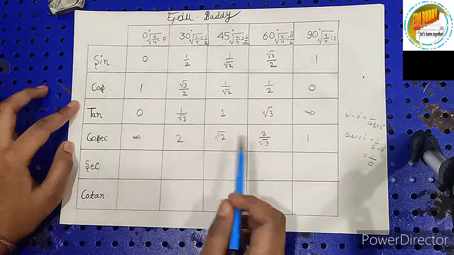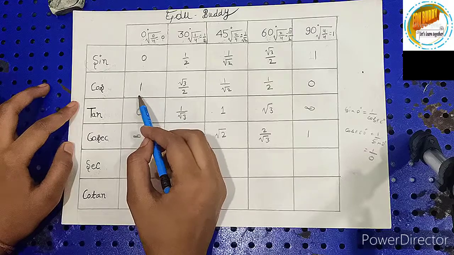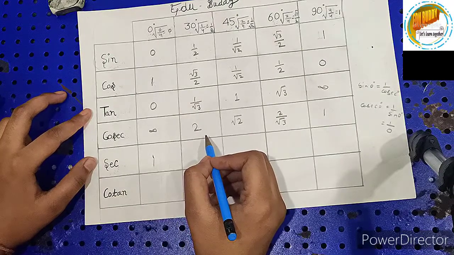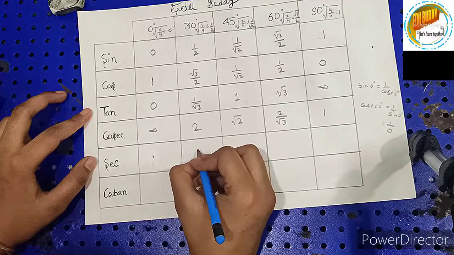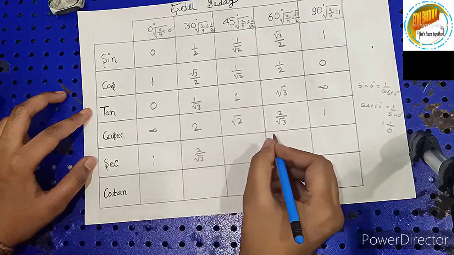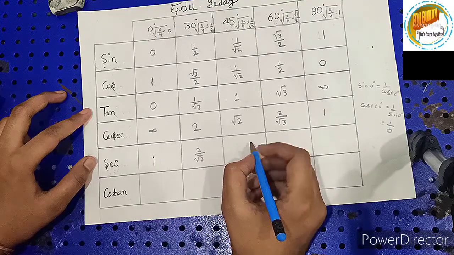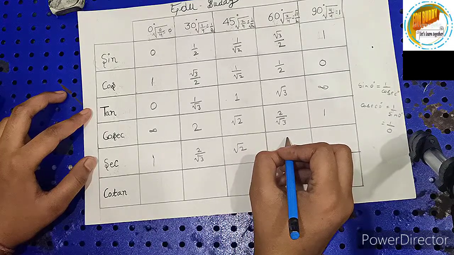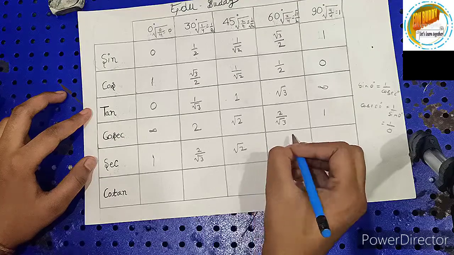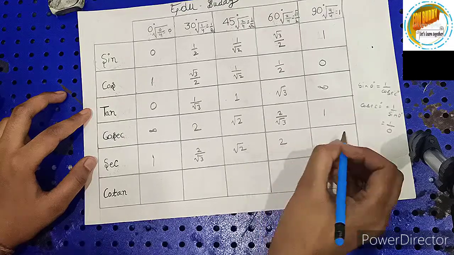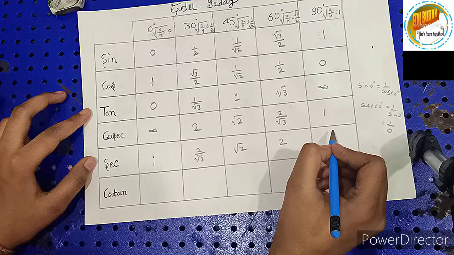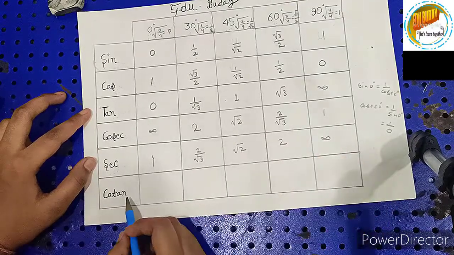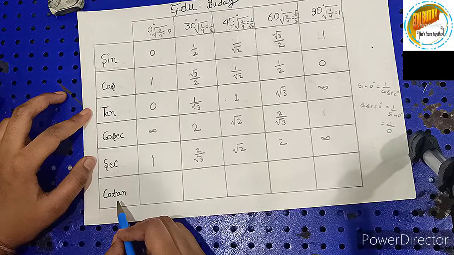Now secant 0 degree is equal to the inverse of cos 0 degree, which is 1, and secant 30 degree is equal to 1 upon cos 30 degree, root 3 by 2, which is 2 by root 3, and secant 45 degree is equal to 1 upon cos 45 degree, which is root 2, and secant 60 degree is equal to the inverse of cos 60 degree, which is 2, and secant 90 degree is equal to 1 upon cos 90 degree, which is infinity.